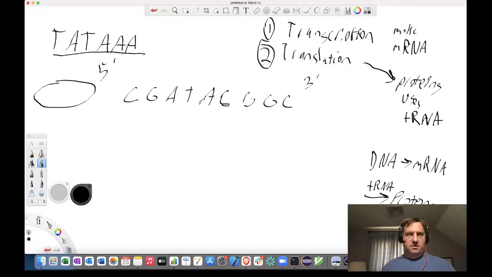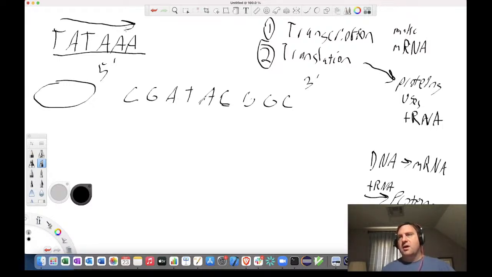So it knows, okay, we've opened it up here. This kind of shows that the direction is going this way, and it gives a good clue both to the molecule and also to us reading the DNA that this is going to be some sort of coding gene.